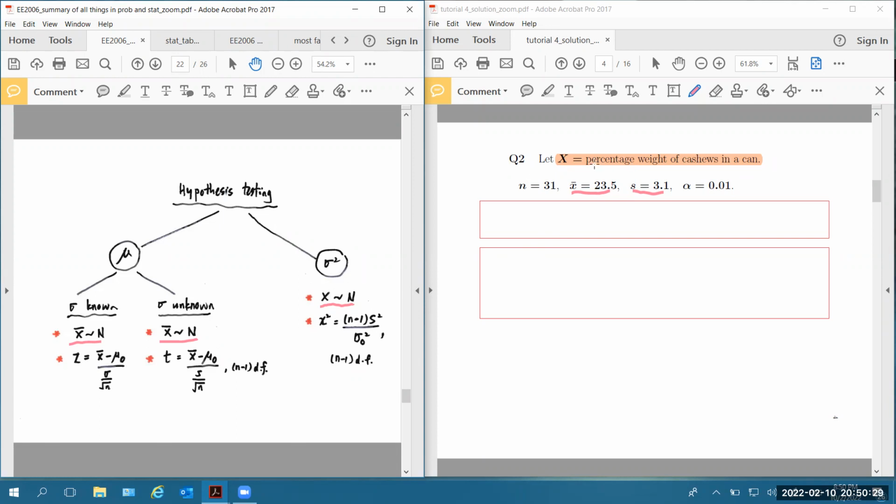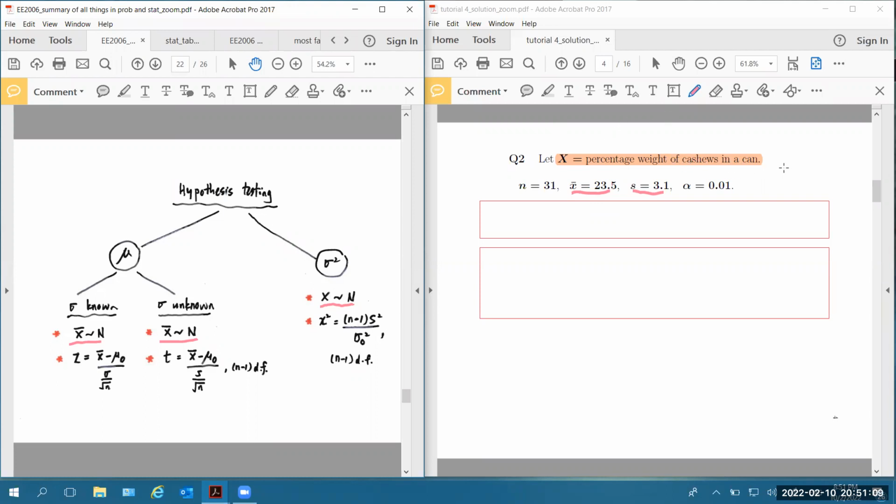So to test his belief, should we look at the mean percentage weight, or should we look at the sigma square, that means the variance of percentage weight? He believes that there are less than 25% of cashew in the can. To write down his belief, is it related to the mean percentage weight of cashew in a can, or to the variance of percentage weight?